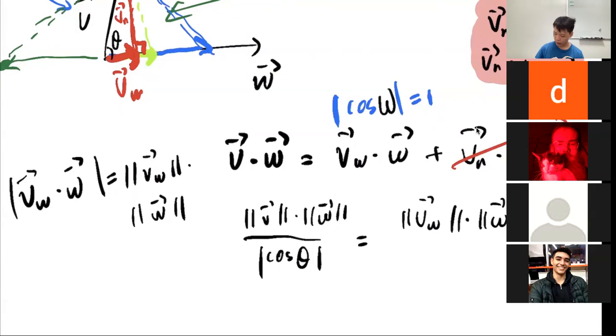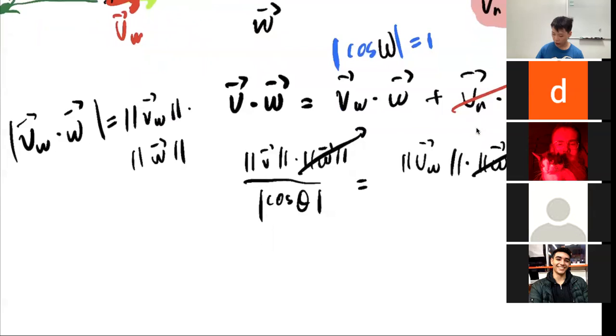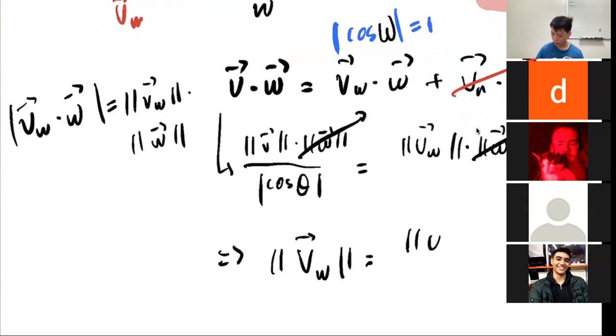So you can see that both the left hand side and right hand side have the length of VW vector W. So the length of VW is just the length of V divided by cosine of theta.